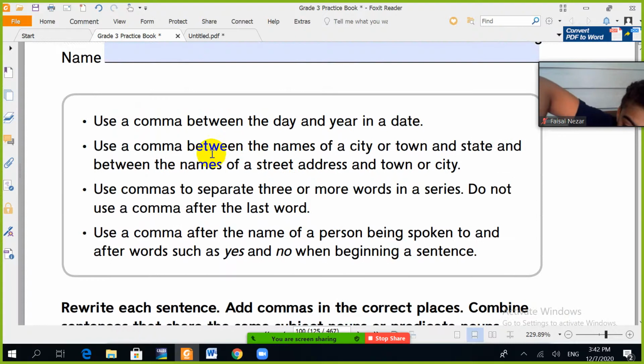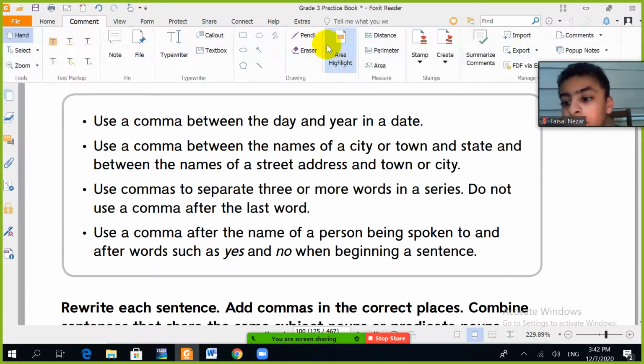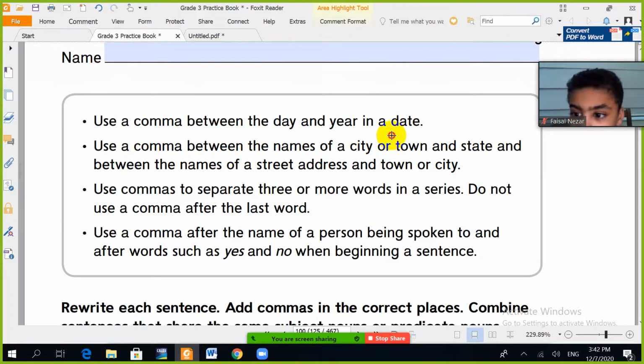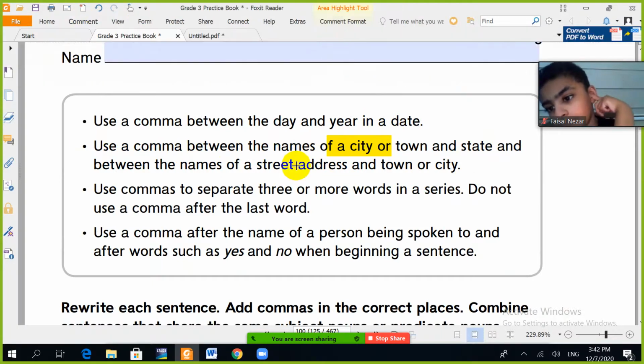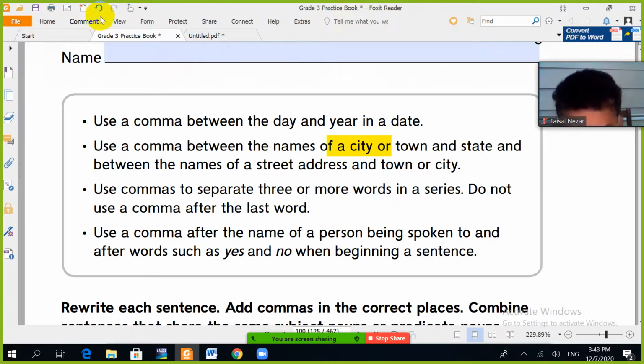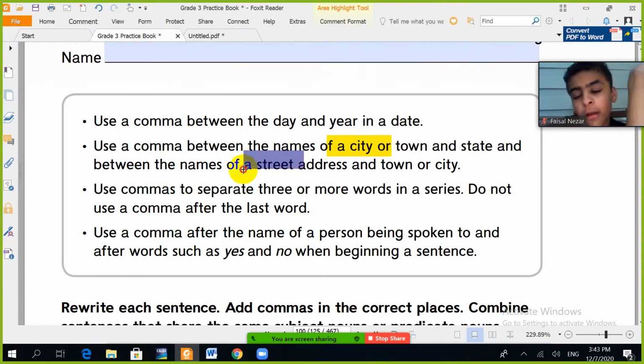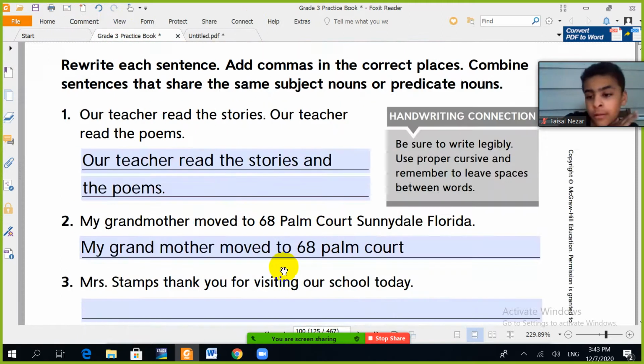Look here: we use a comma between the names of a city or town, at the address or street. So here my grandmother moved to live in another place.